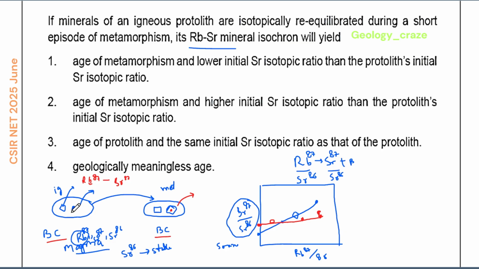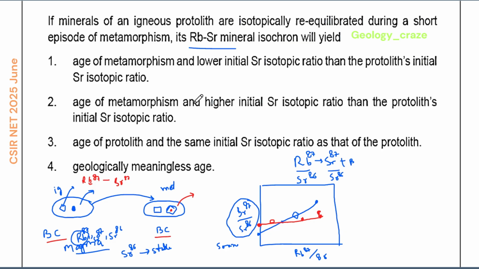From this graph, this red dot on this line will tell us about the rock from where our metamorphism took place, meaning the protolith, the igneous protolith. So now we will interpret this.